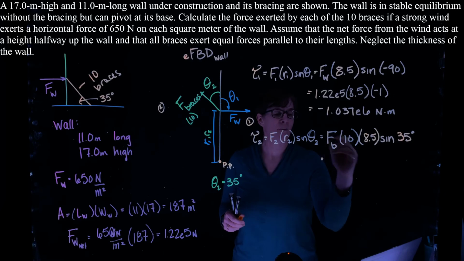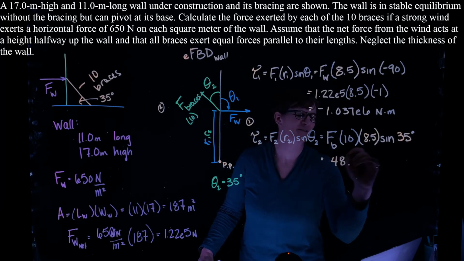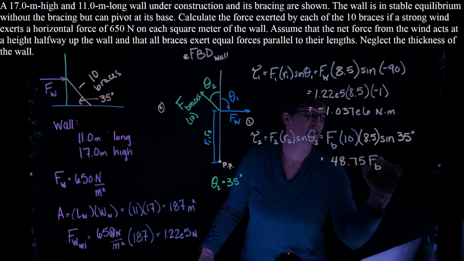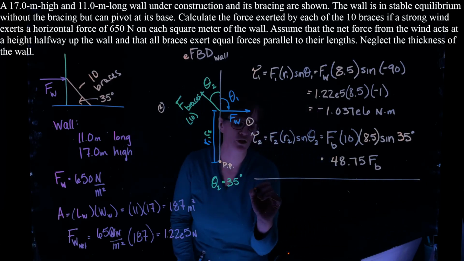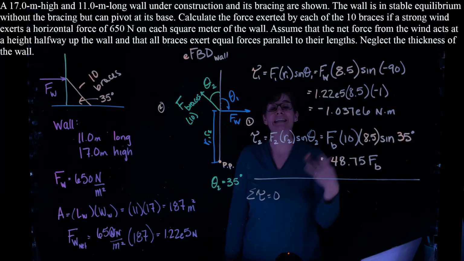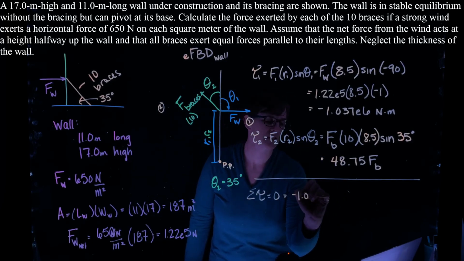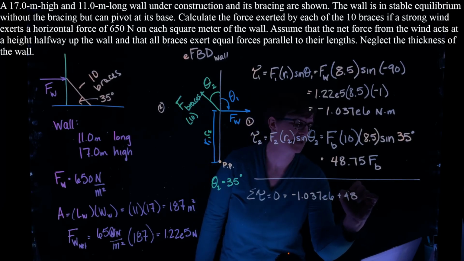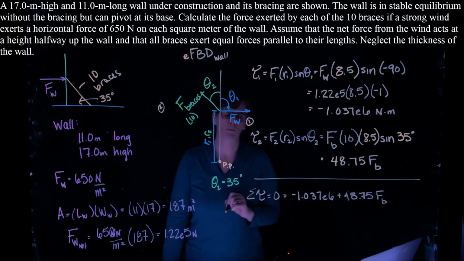So we end up with a value of, if I multiply these out, 48.75 times the force of any one brace. So we sum these two torques together. That net torque is going to be 0 if we're in static equilibrium. And so we have negative 1.037 times 10 to the 6th plus 48.75 times the force of a brace.